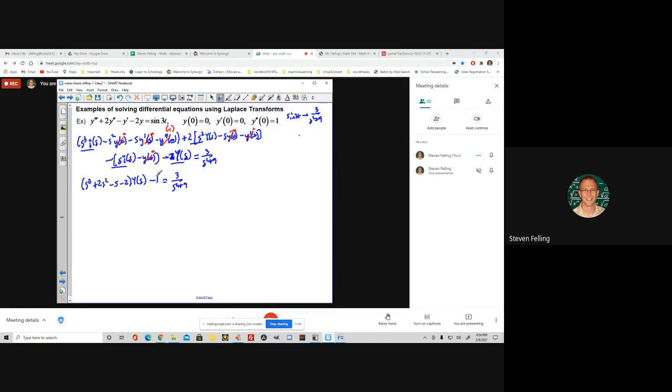Okay, so now don't forget to move this over to the other side. We would have s cubed plus 2s squared minus s minus 2 times Y(s) equals 3 over s squared plus 9 plus 1. Actually, let's get this to be one fraction because I'm going to have to divide by this.